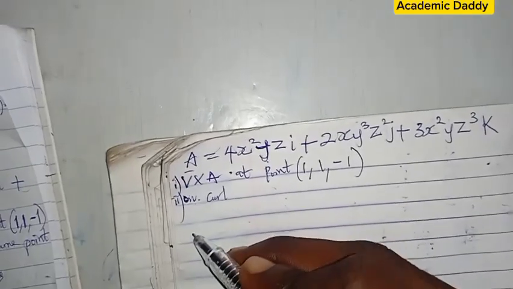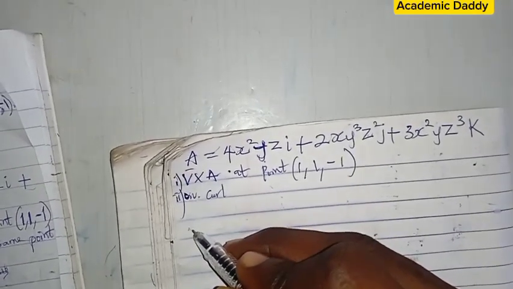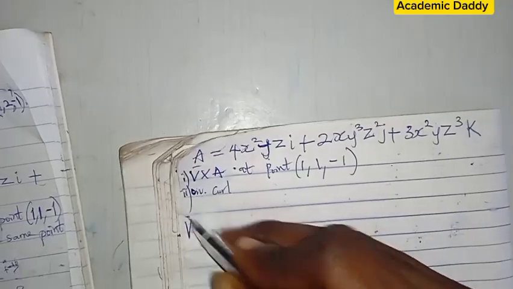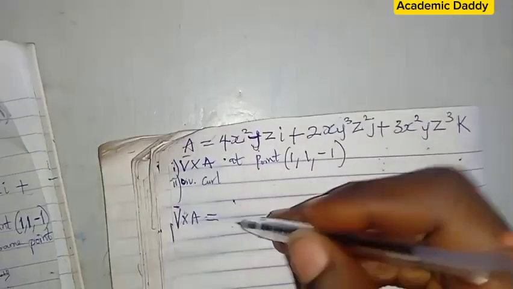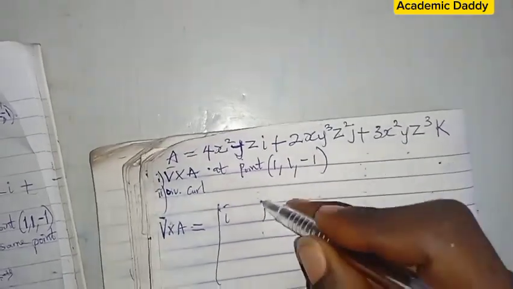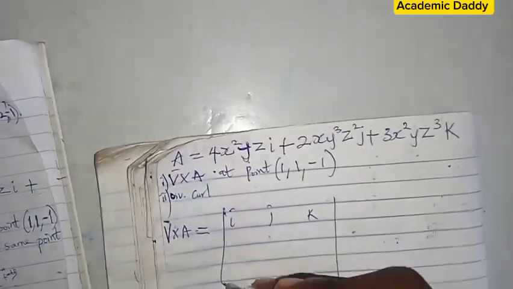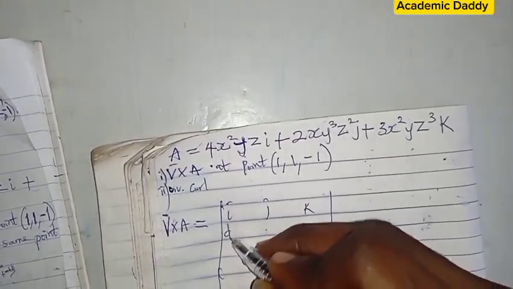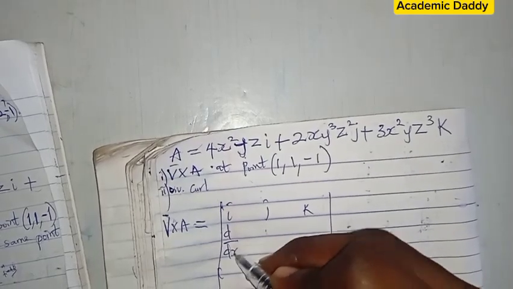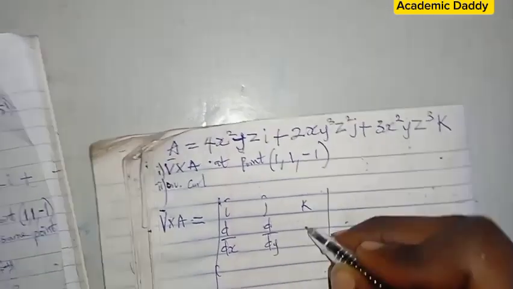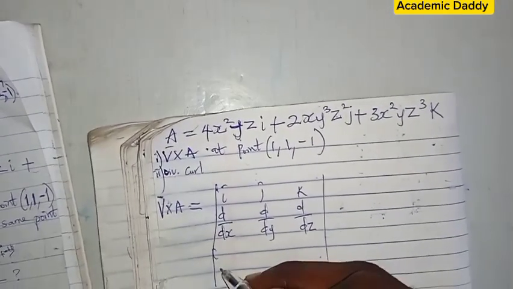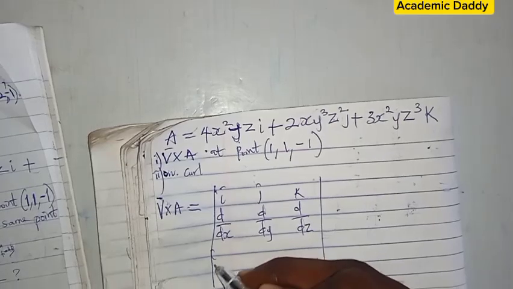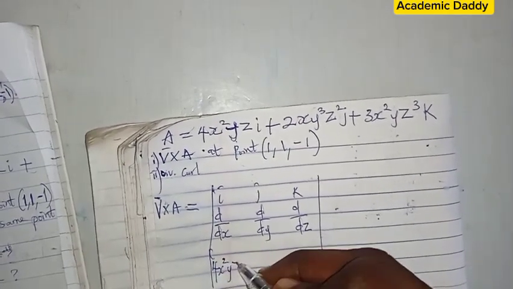You're enjoying it. Now see, I will now have, using our formula, for the i part I have 4x squared yz.